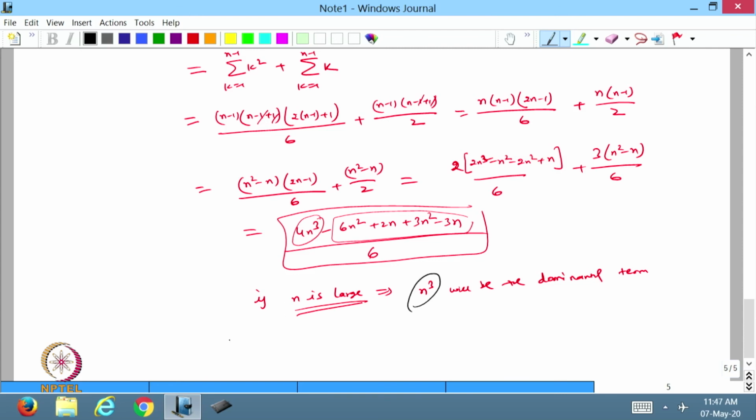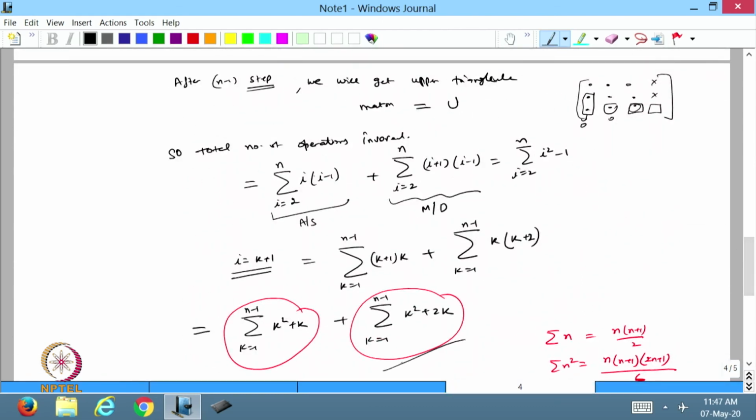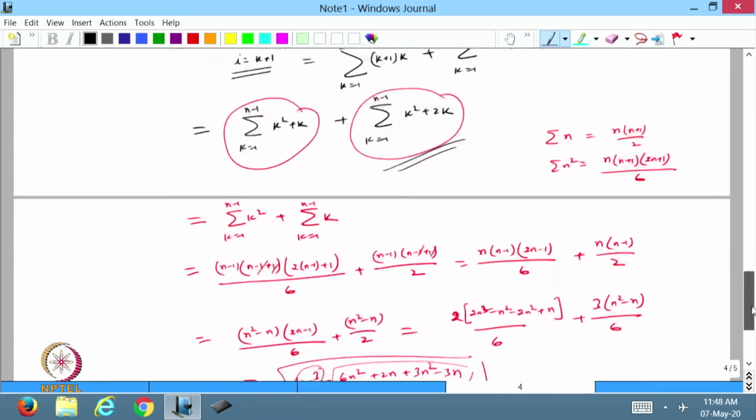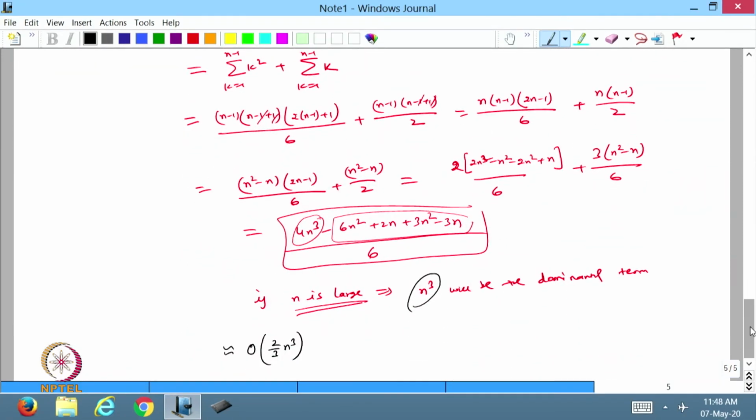So from here I can write that the total number of operations in this case is approximately of order 2 by 3 n cube, plus also coming from here. That is also in terms of n cube plus something. So I will just take this plus order of n cube with some factor.